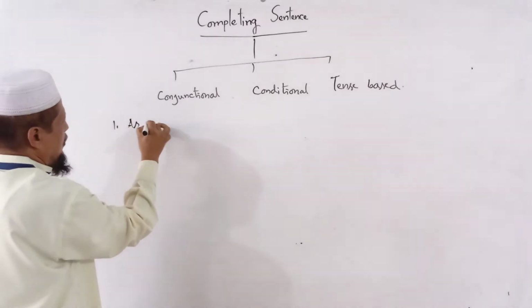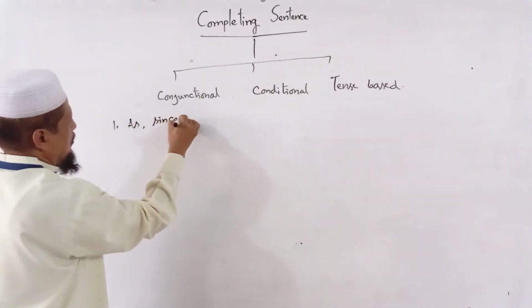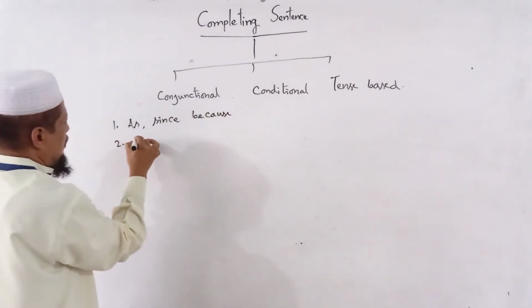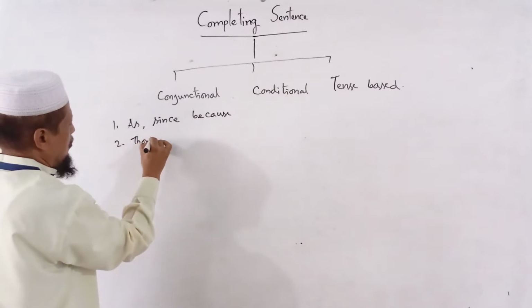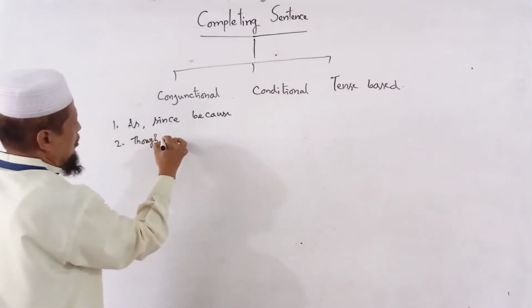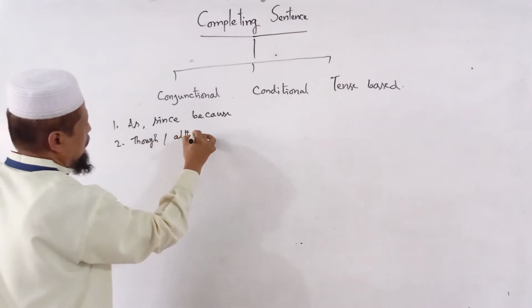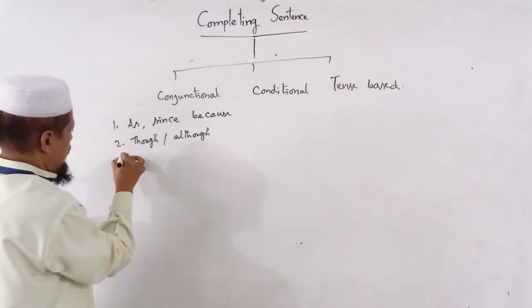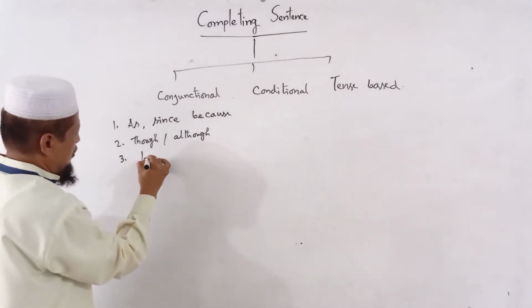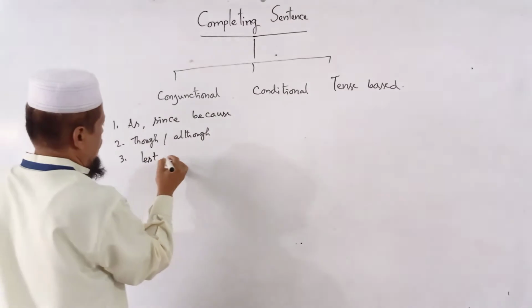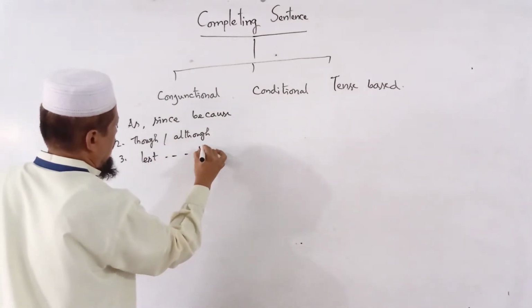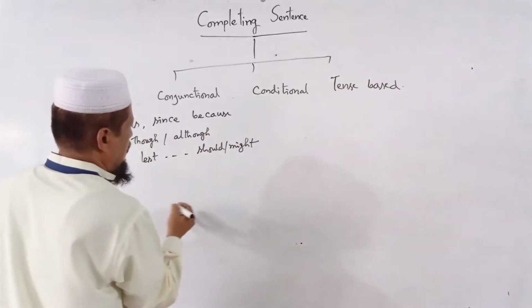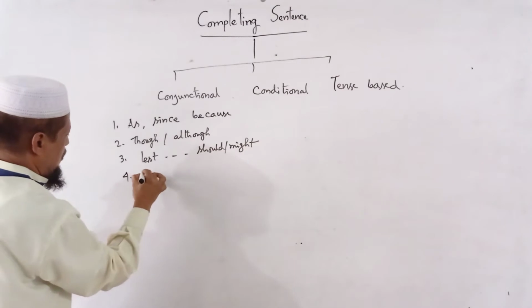Number 1: as, since, because. Number 2: though, although. Number 3: lest, should or might. Number 4: so that.